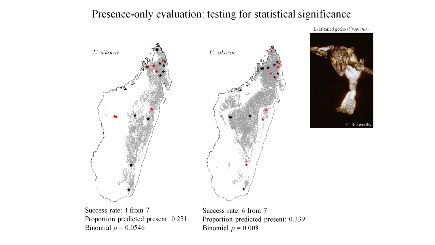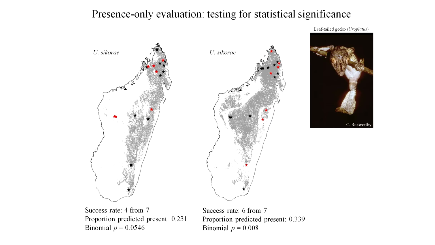There happen to be 7 test points. In one case, our success rate was 4 out of 7, and in the other case, it was 6 out of 7. How many of the test points fell on the prediction? Conceptually, how many had a higher probability of occurrence than the lowest predicted calibration point?